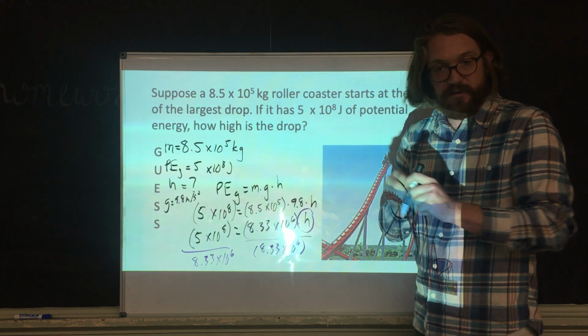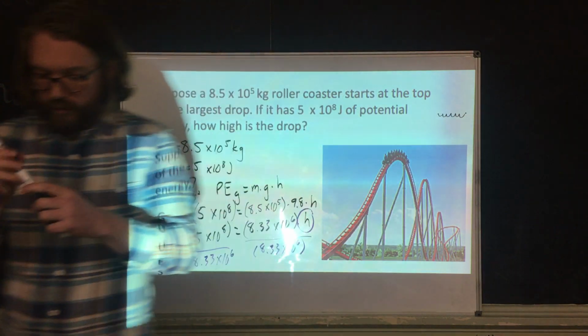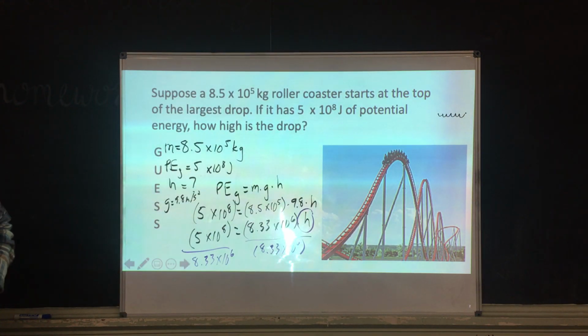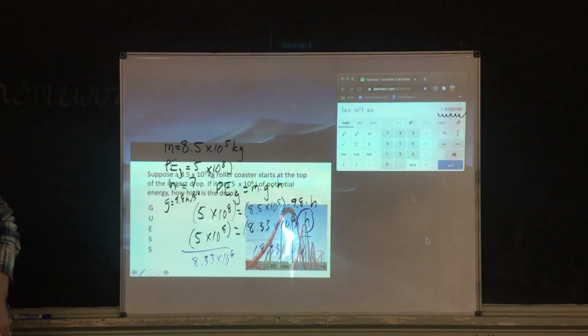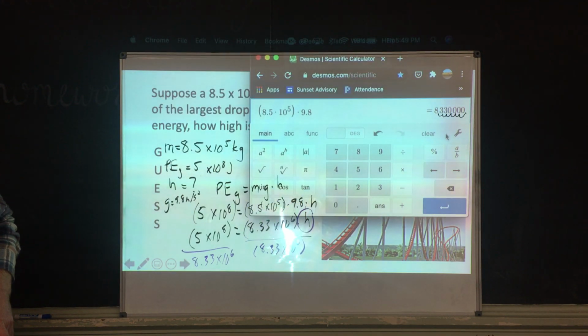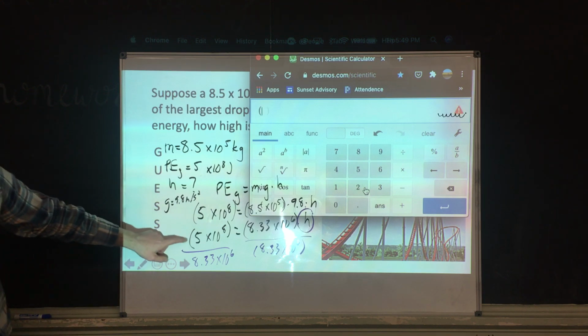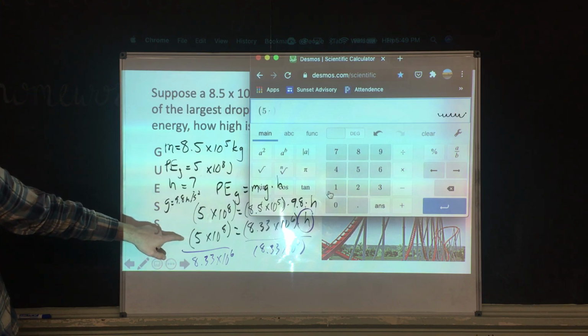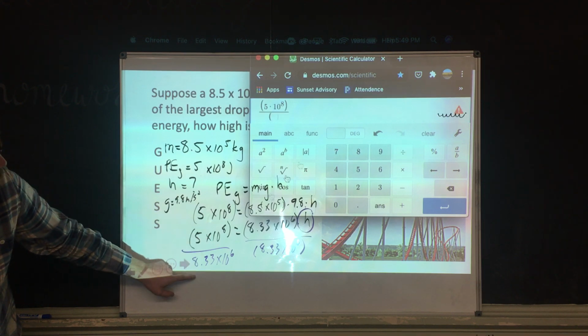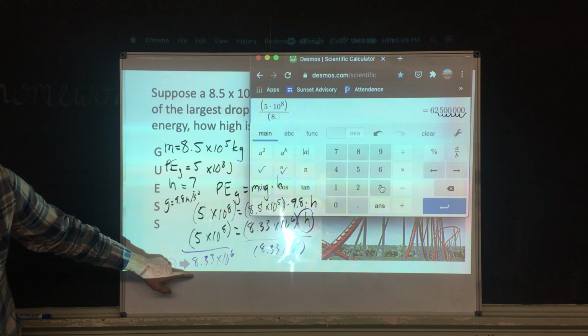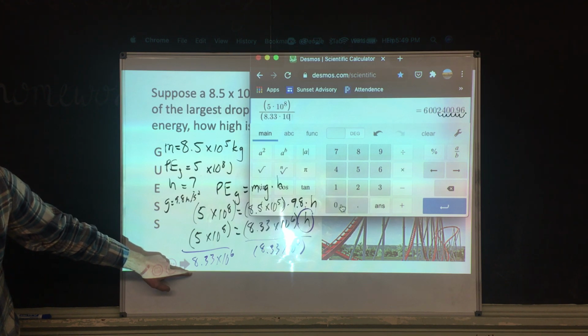And now, all we've got to do is practice putting our numbers in our calculator, making sure everything looks good, and we're going to be good to go. So let's go back up here. Let me clear this out. Again, we're going to go parentheses, take 5 times 10 to the 8th, go forward, close those parentheses, and divide that by parentheses 8.33 times 10, a to the b, to the 6th.